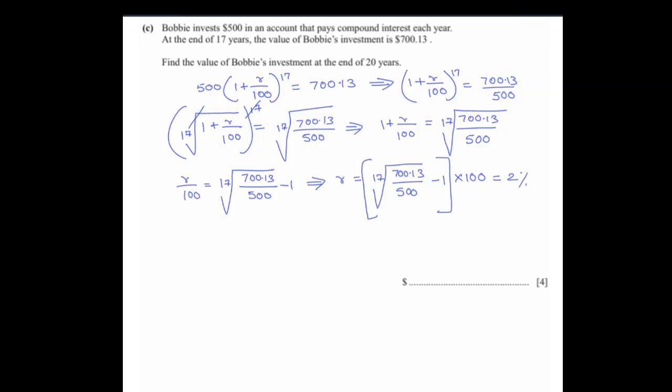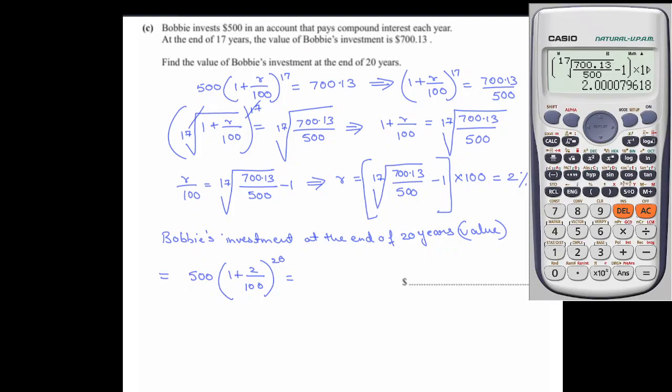Our 2% rate. Now using this 2%, find out for the 20 years. Bobby's investment at the end of 20 years value will be 500 into 1 plus 2 by 100 whole raised to 20.